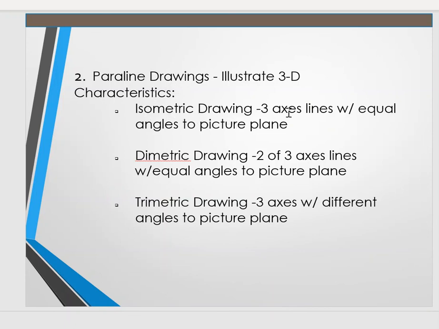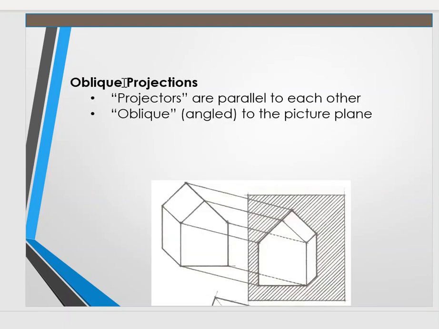ISO, meaning one, there's three axes, they're equal, they're all the same. A diametric drawing means that two of the three of the lines are the same. Dio means two. Trimetric drawings are three axes with three different angles. We're not going to get into that this first half of the class. We're going to do an isometric the second half of the class. But we are going to do a little bit of these oblique angles.